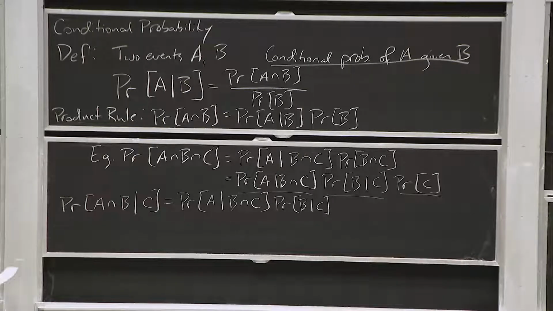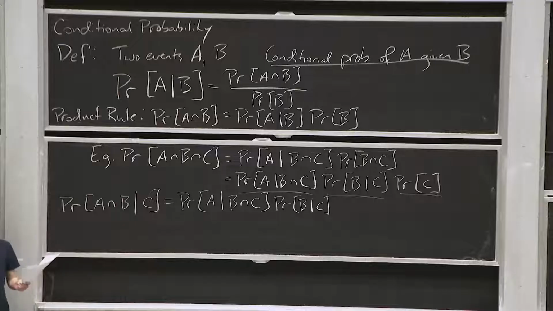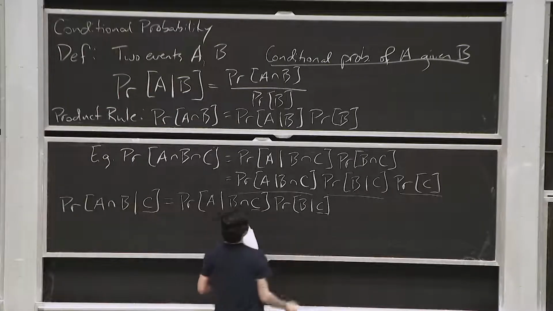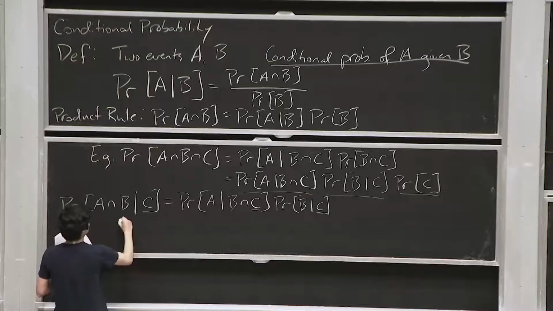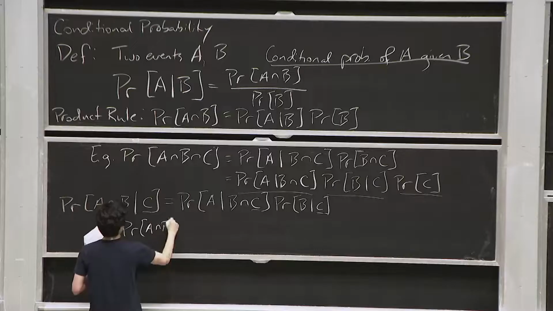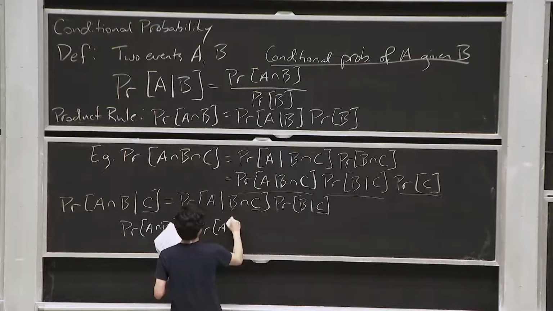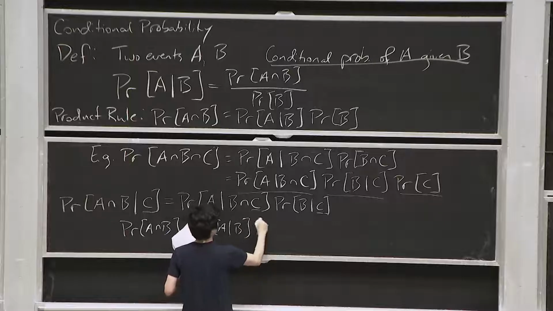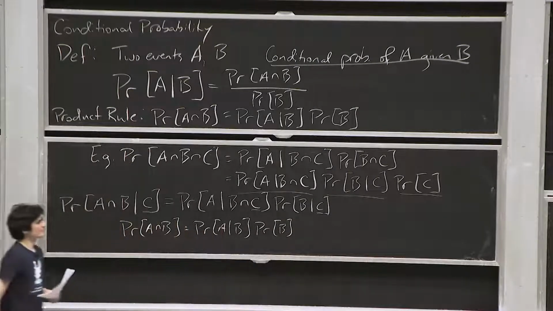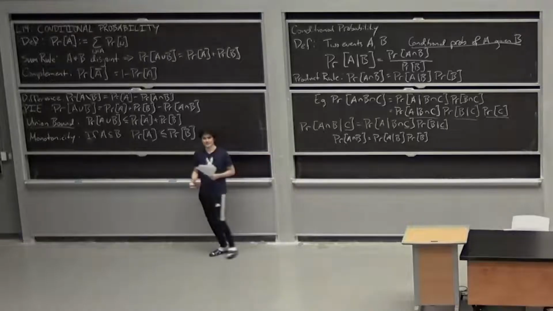If you squint a little bit and get rid of the C's, it looks a little bit like the product rule: the probability of A intersect B is the probability of A given B times the probability of B. But we've added a bunch of C's everywhere.